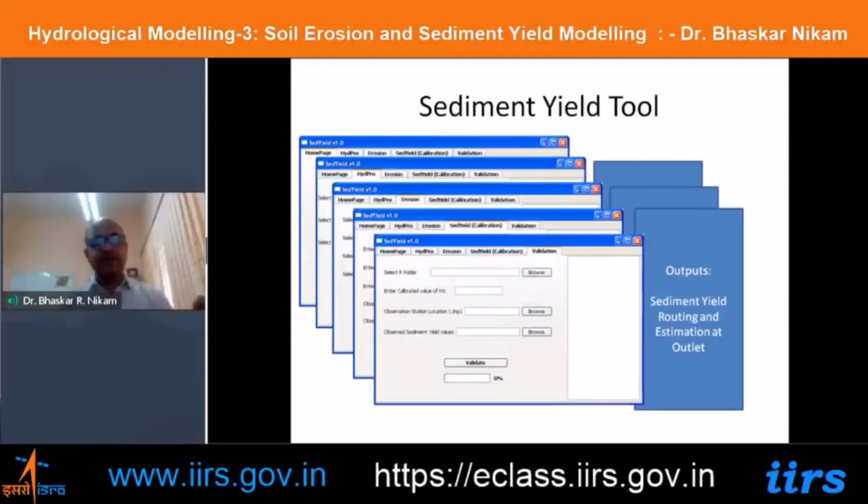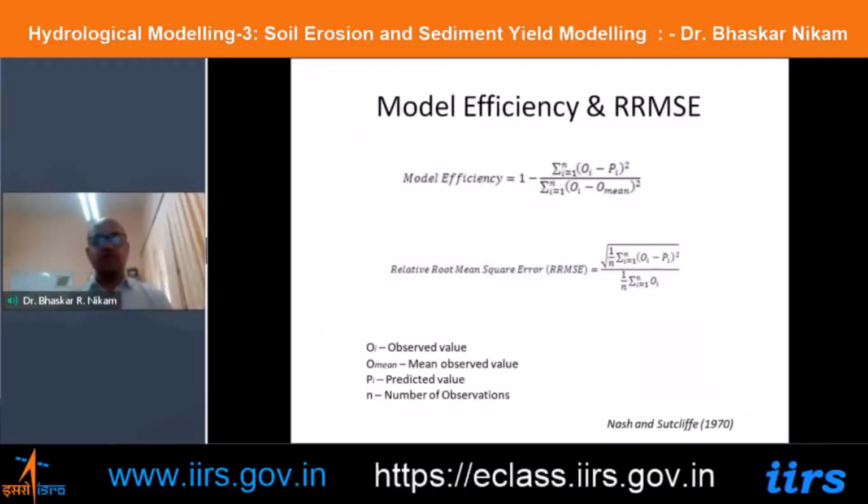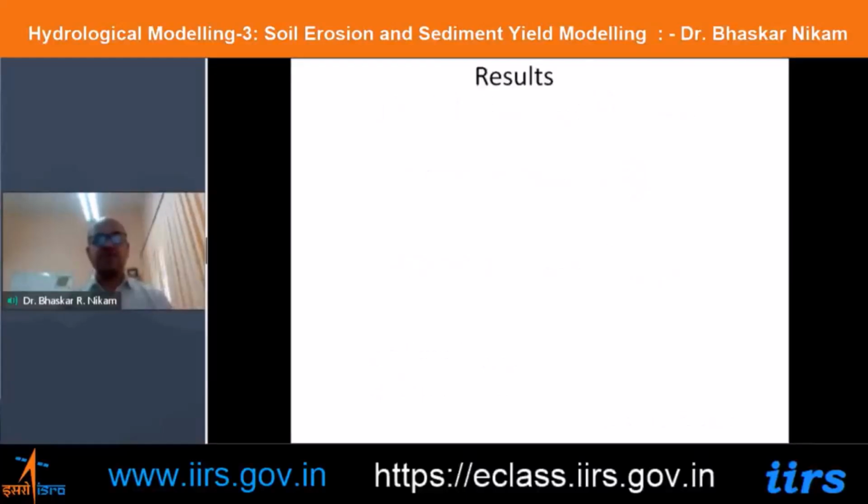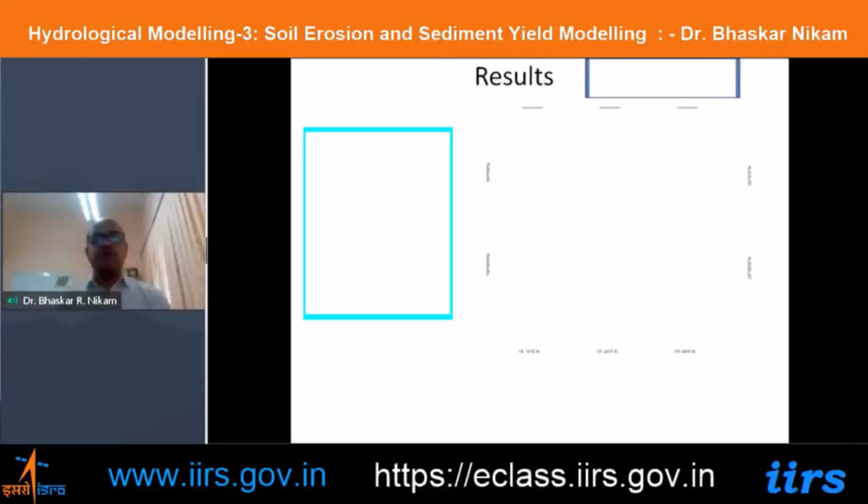So we have to give the range of KTC, and it can validate using model efficiency and relative root mean square error. So you can see this is how the gross soil erosion will look like.